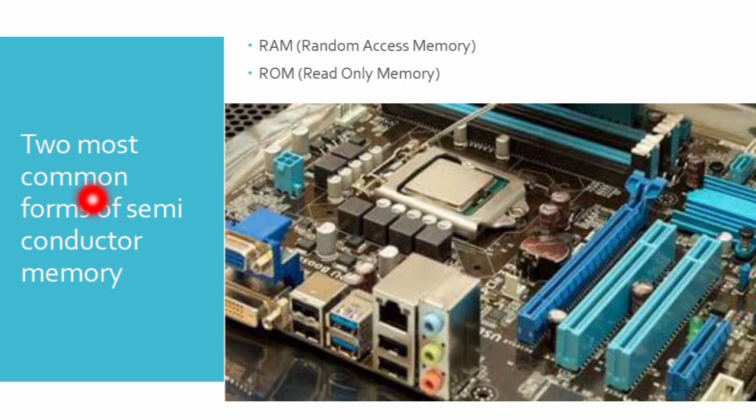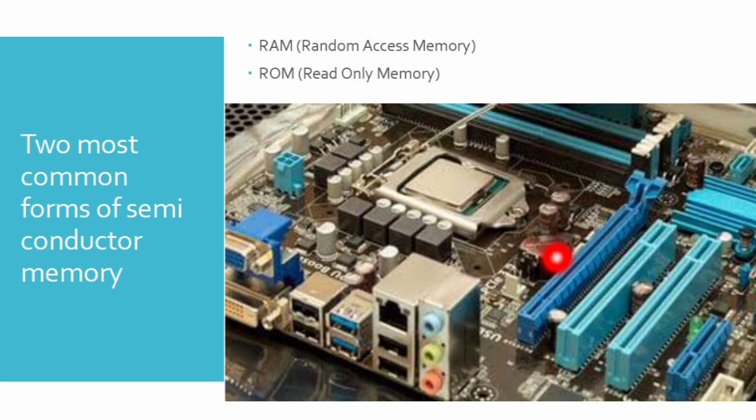So the two most common forms of semiconductor memory are RAM, that is random access memory, and ROM, read only memory. This is a semiconductor memory, and here you will place your RAM, and it is a primary memory. The data remains on the memory till the system is on.